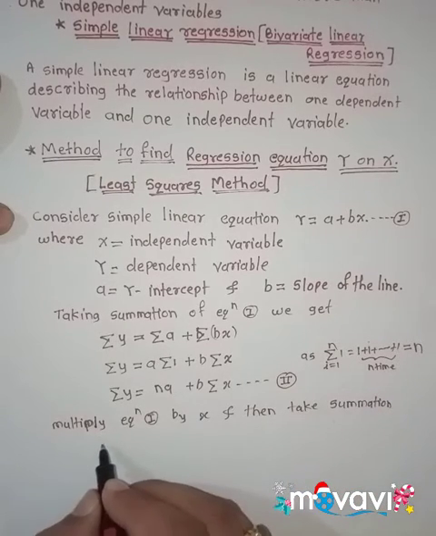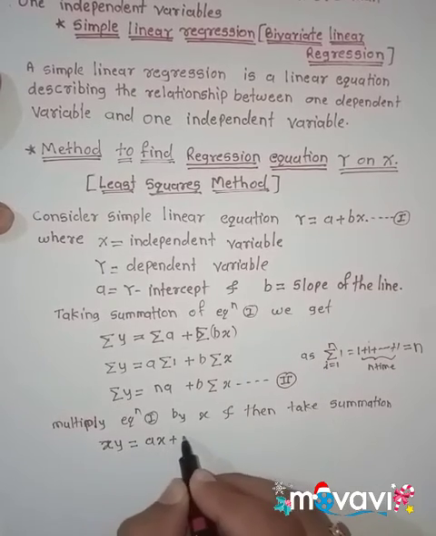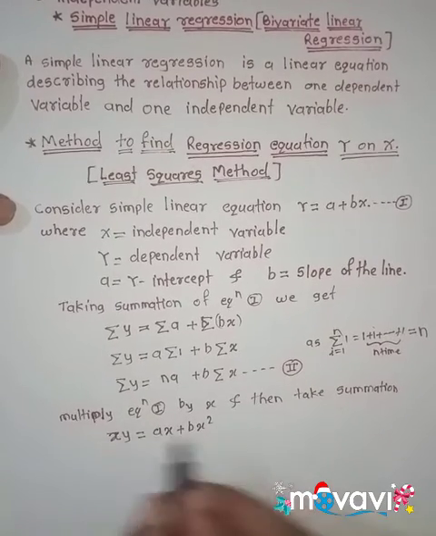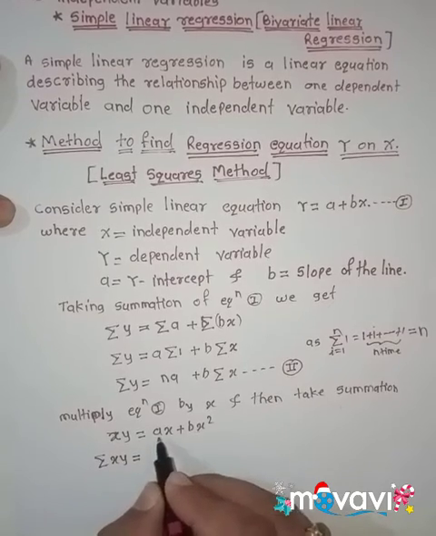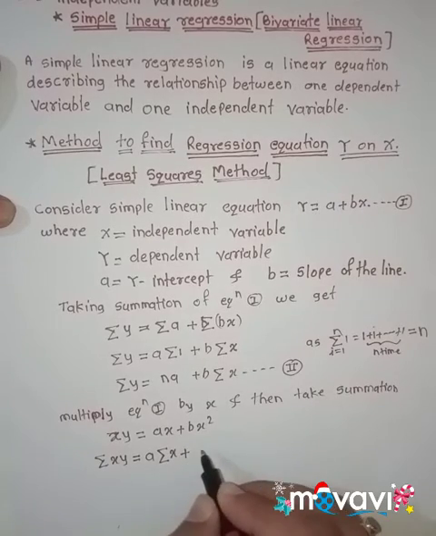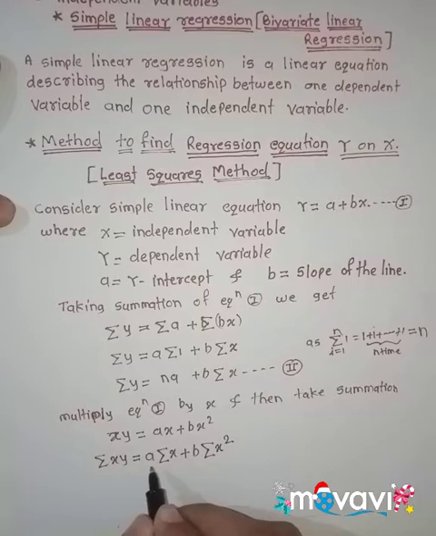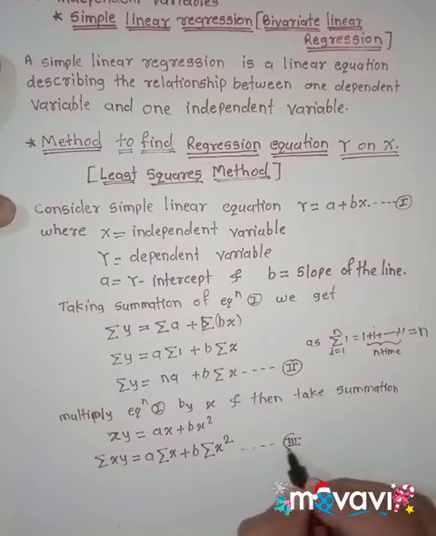So we get xy is equal to ax plus bx square, and if we take the summation, we get summation xy is, here a is constant, take it outside the summation sign, so a summation x, plus here b is also constant, we can take b outside the summation sign, we get b summation x square. So summation xy is a summation x plus b summation x square. Suppose this is equation number 3.